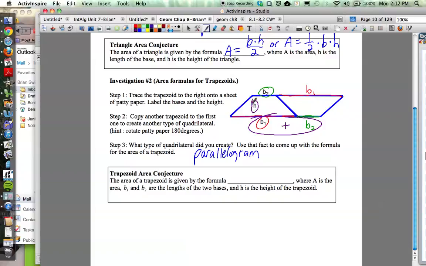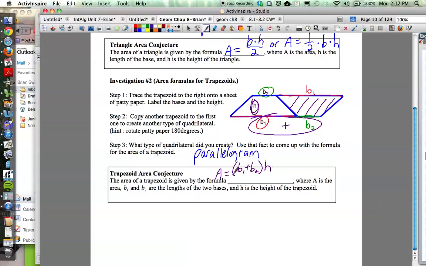And the height of the parallelogram is the same. So the trapezoid that we're interested in is half of that parallelogram. So if we take the parallelogram, that area is base 1 plus base 2 times the height.